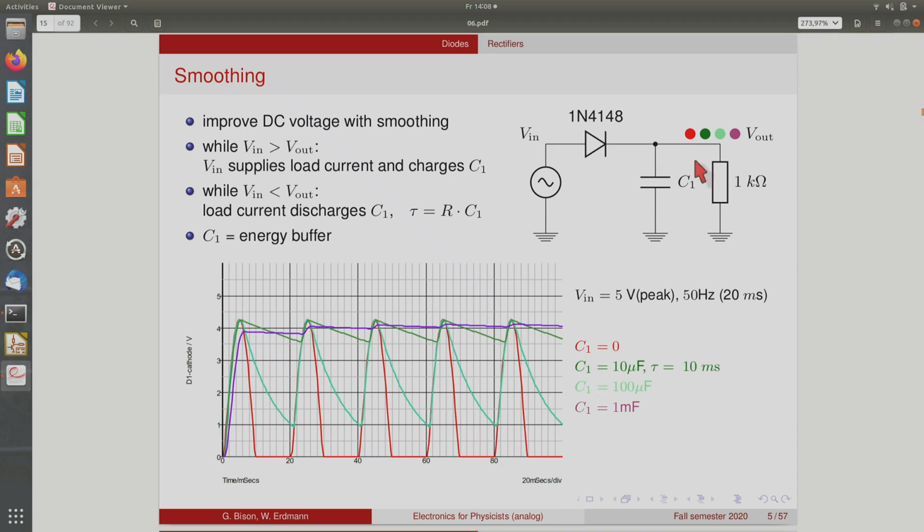So if you increase the capacitor, the RC time goes up, and then if you make it very large, then the time becomes so long that this really starts looking like a DC voltage. Okay, and this way you have made a reasonable DC voltage from your AC input voltage.